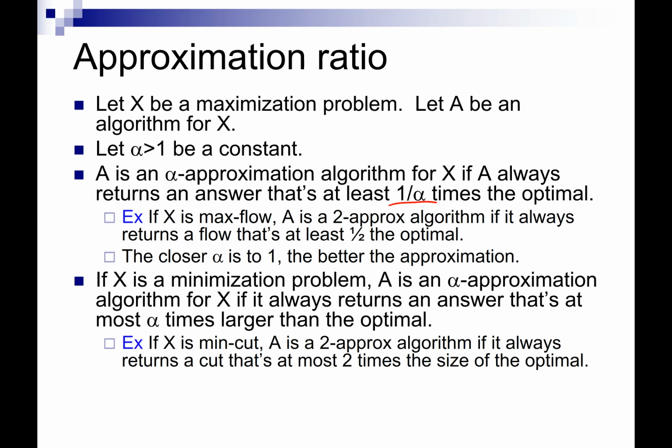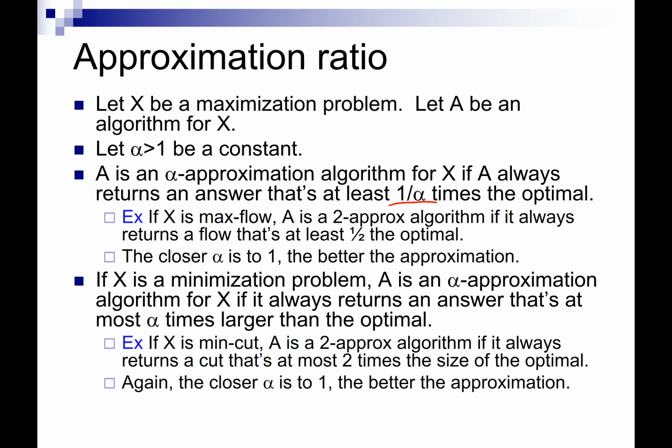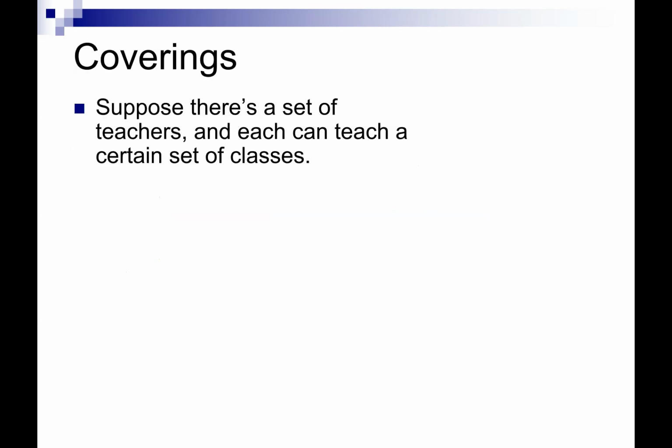So for example, if X is min cut, which is a minimization problem, then A is going to be a 2 approximate algorithm if it always returns a cut which is at most 2 times the size of the smallest cut. Again, we want alpha to be as close to 1 as possible. All right, so that's what it means to give an approximation algorithm.